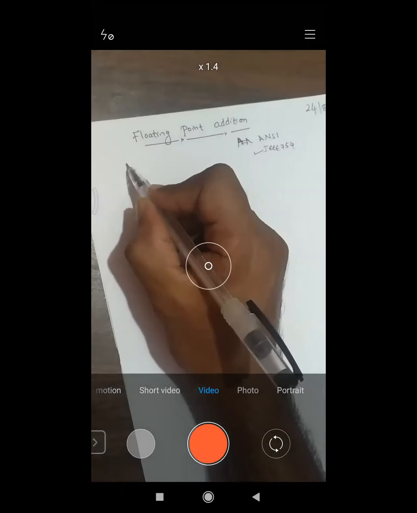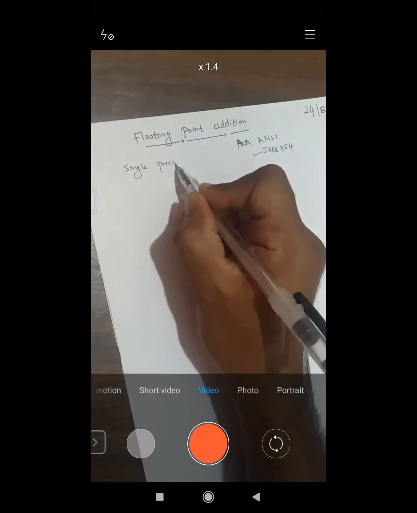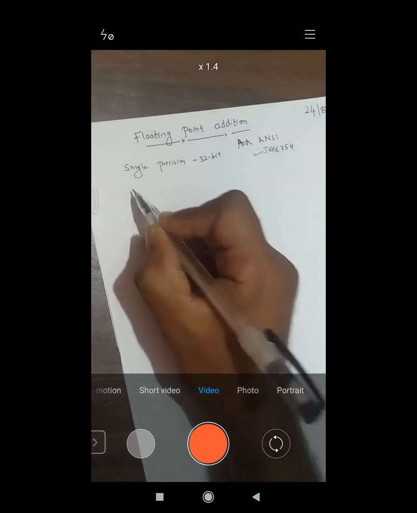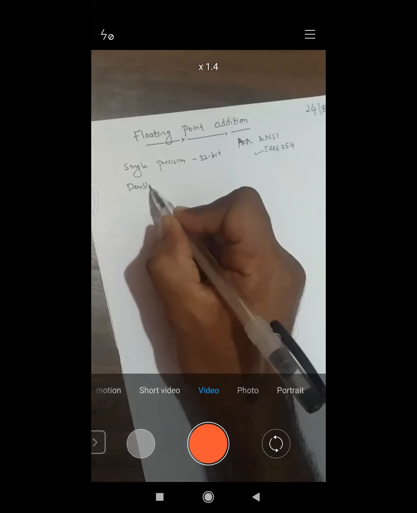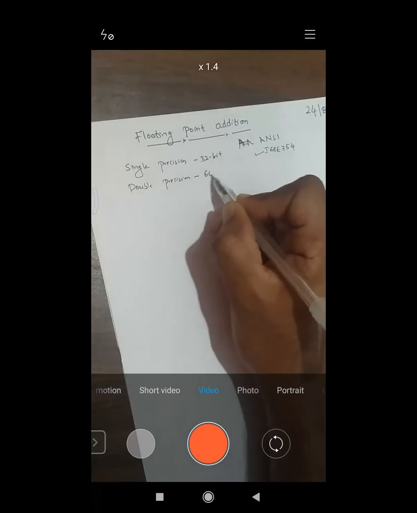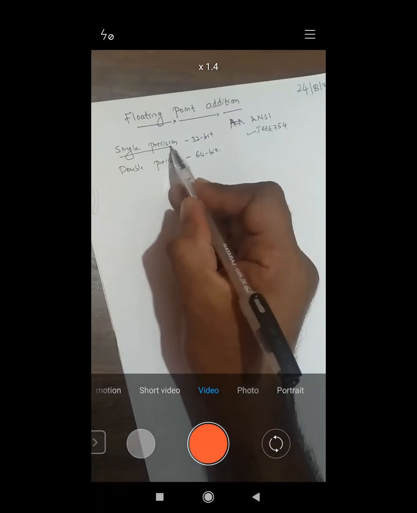In this, we have single precision, which is 32-bit, and double precision, which is 64-bit representation. So we stick our discussion to single precision.